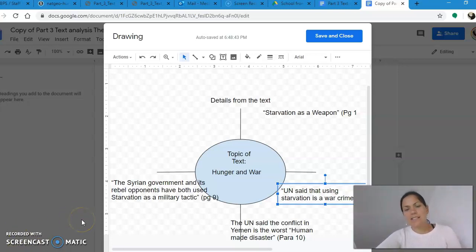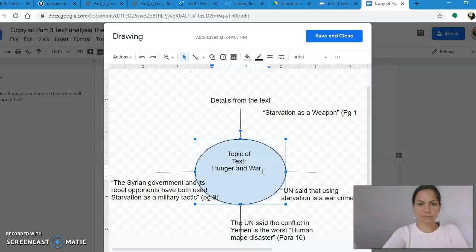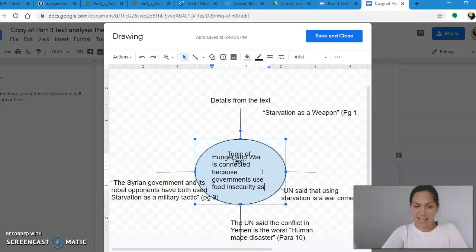So if we take these ideas and consider the topic hunger and war, the central idea of the text would be hunger and war is connected because governments use food insecurity as a war tactic.